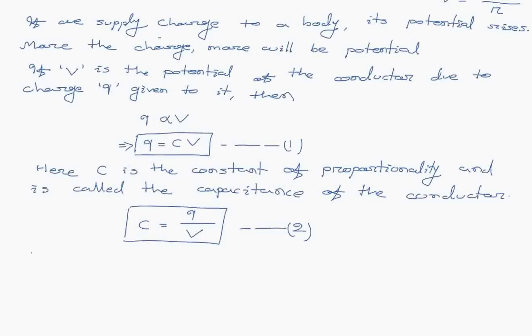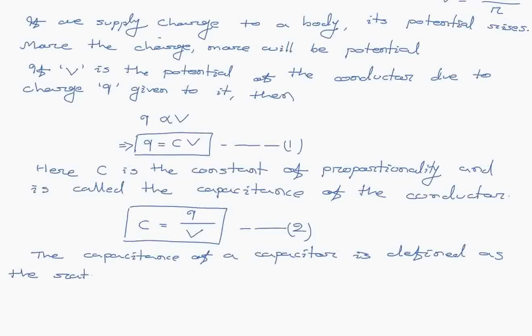So let us write this: the capacitance of a capacitor is defined as the ratio between the charge on the conductor to its potential.